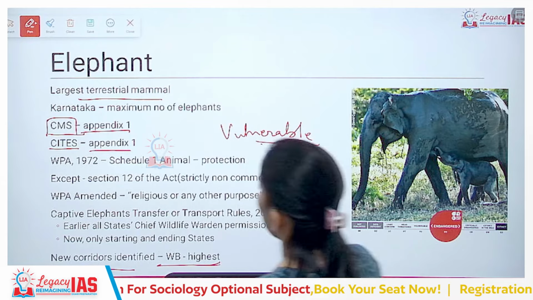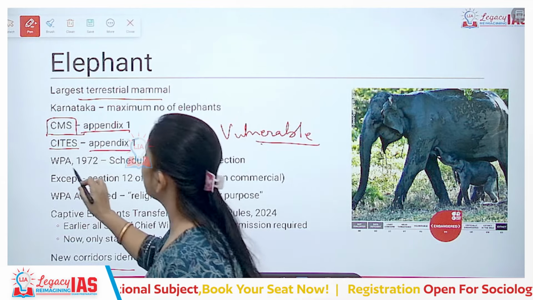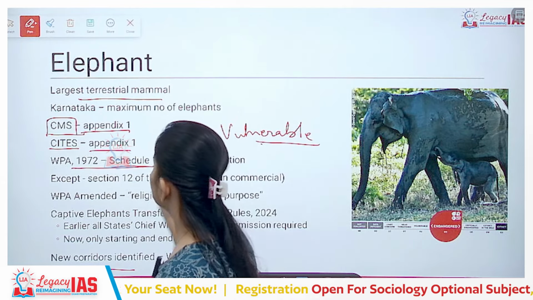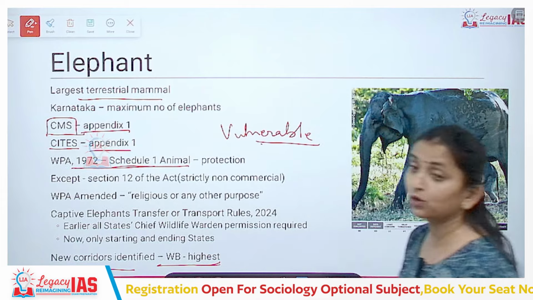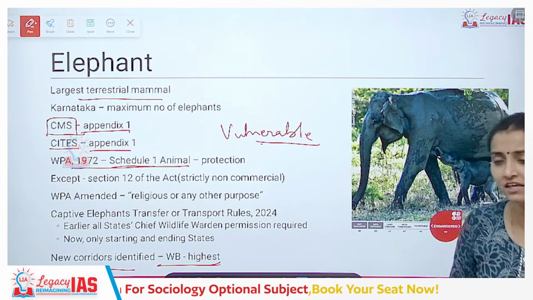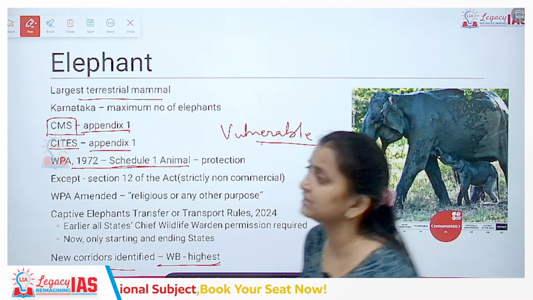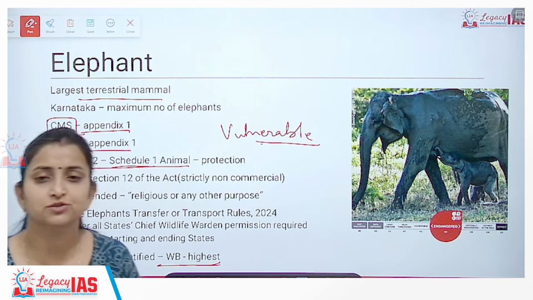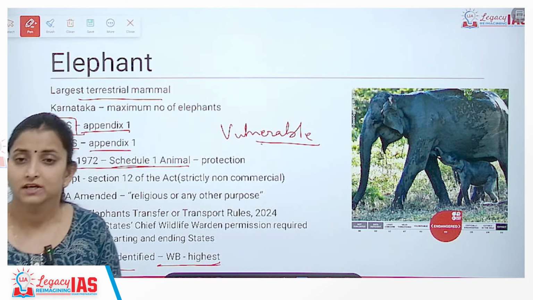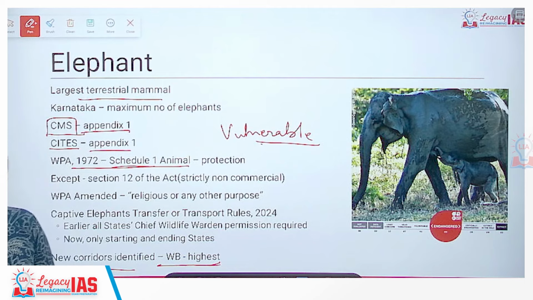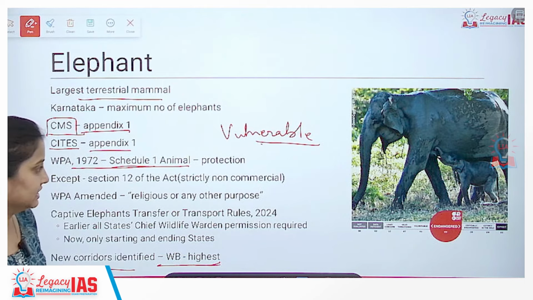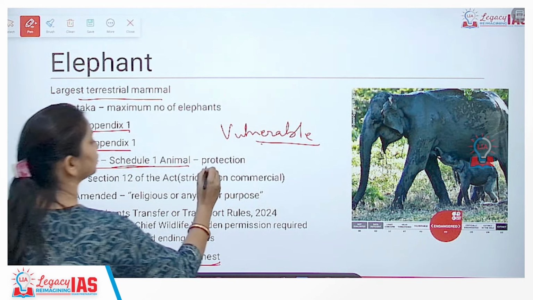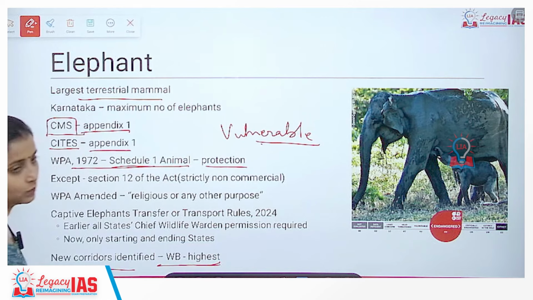Okay? And under the Wildlife Protection Act of 1972 it has been accorded the status of Schedule 1 animal. Okay? If we give the status of Schedule 1 animal, that means maximum protection. Without the permission of the Chief Wildlife Warden, you cannot transport this animal. Okay? So maximum protection has been provided to Schedule 1 animals.